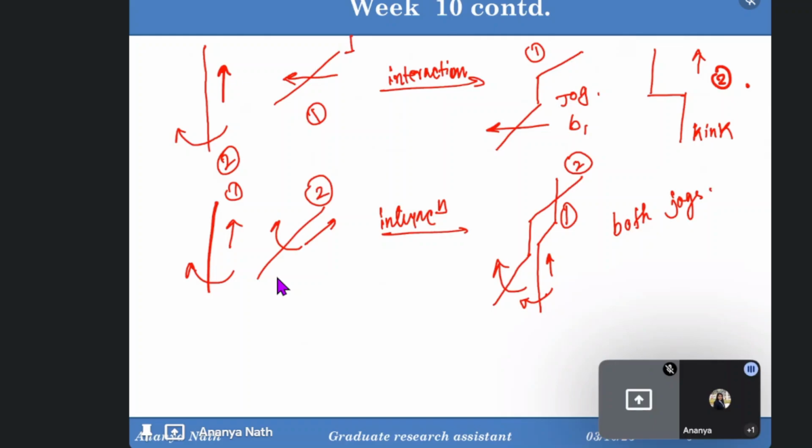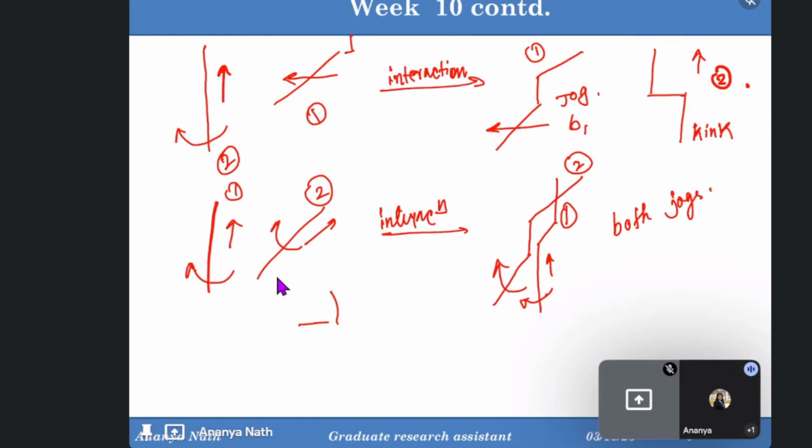For the edge type dislocation, you can just see the picture here. You can tell whether this is a jog or a kink type because you can visually see the difference in the planes.